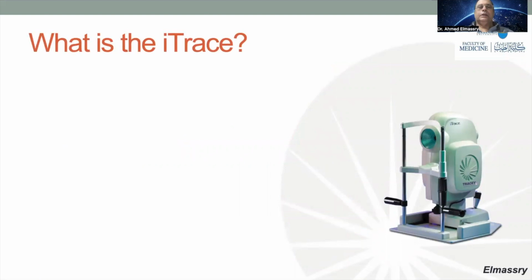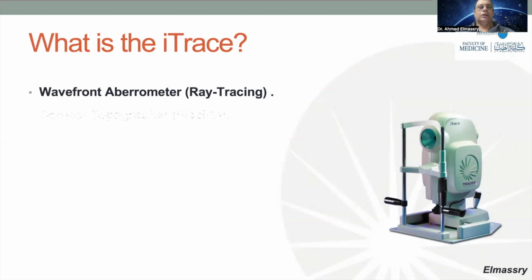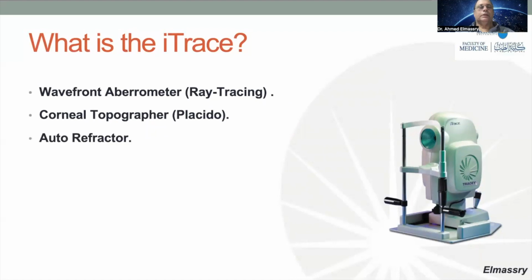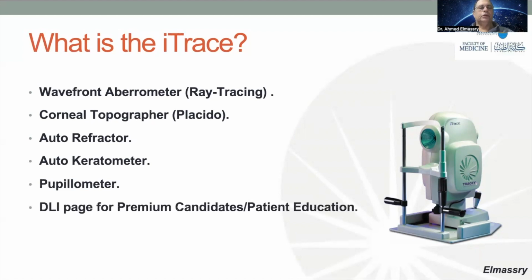The eye tracing machine is a machine that measures the wavefront aberrations using ray tracing technology. It is also a corneal topographer, which is a Placido disc topographer. It's an autorefractor, it gives a very accurate refraction. It's an autokeratometer and pupillometer, which measures the pupil in the scotopic and photopic conditions.